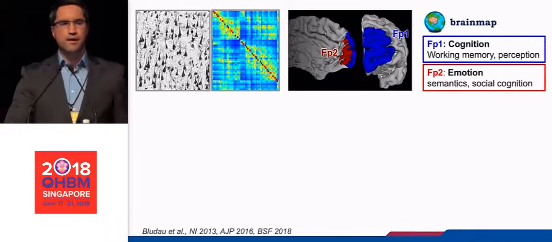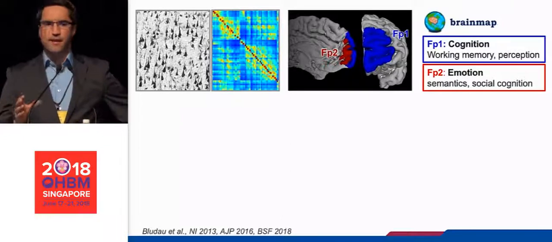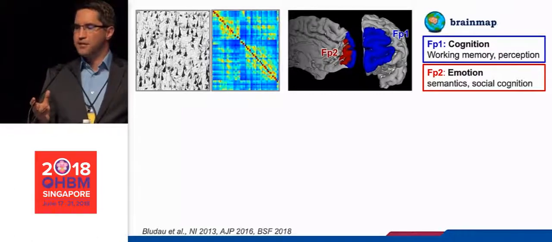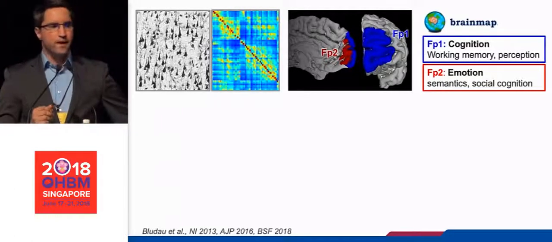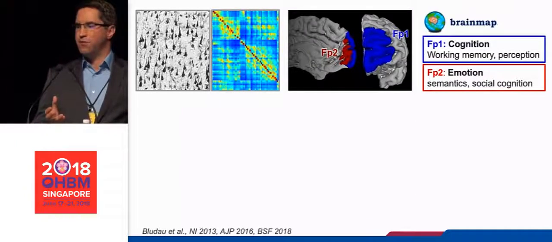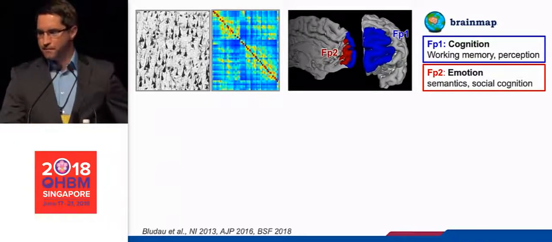If we then look into the BrainMap database, we see that they are not only different in terms of their structure, but also in terms of their function. The blue lateral part is involved in cognitive functions. The red, the medial part, is involved in emotion and social cognition.